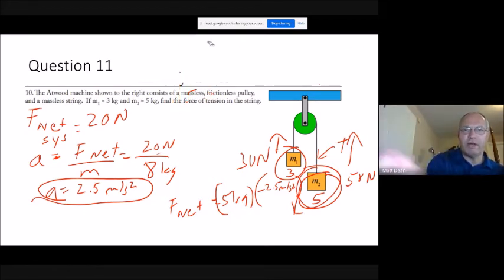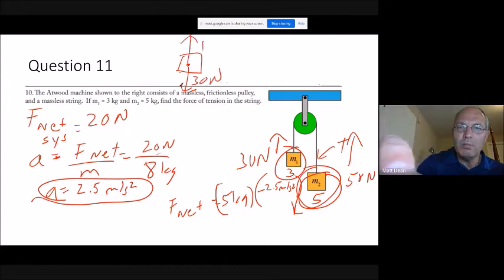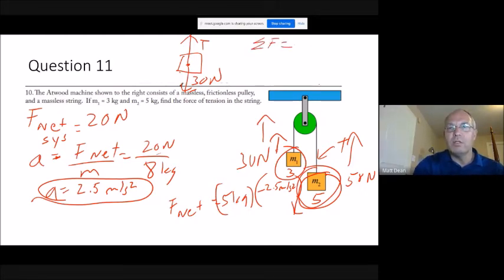So let's draw a free body diagram for box M1. So we have a weight of 30 newtons, and we have a tension pulling up. And we know the tension force in this case is higher than the weight because this thing is going to accelerate up. Free body diagram again, so the sum of all the forces is going to be equal to the tension plus the weight.